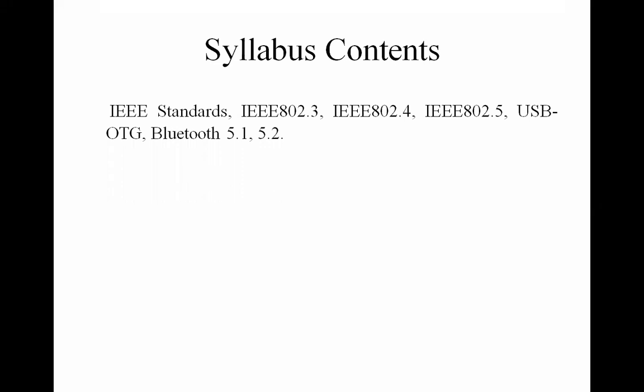Which standard is it operating on? Ethernet operates on IEEE 802.3. This is a standard they have defined. We can't change the standard. Ethernet works on the IEEE 802.3 standard.